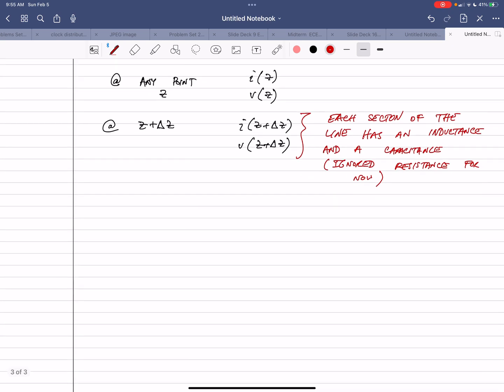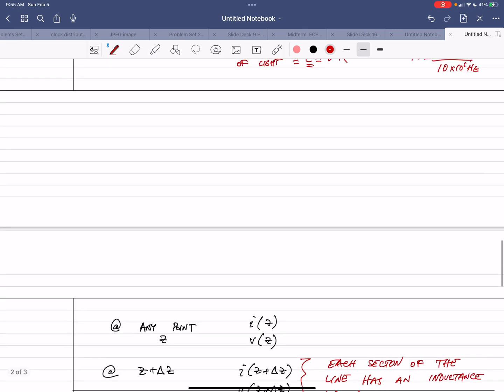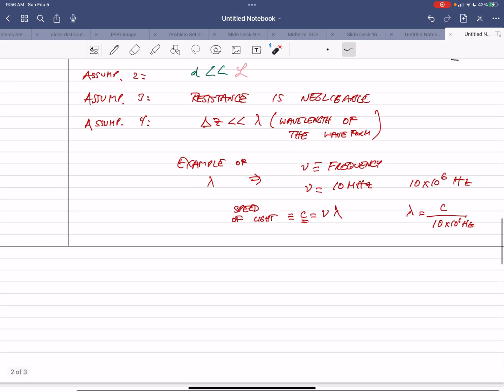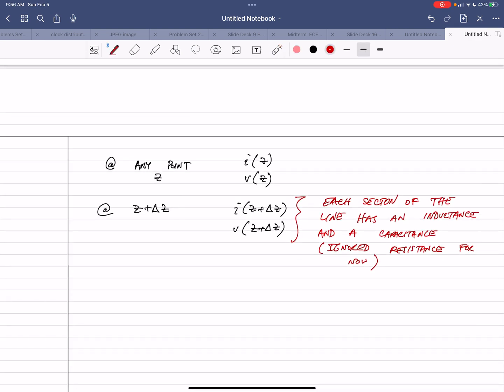Because each section has its own inductance and its own capacitance, and all of these inductances and capacitances are the same along the line because the separation between the lines stays constant and the thickness of the line stays constant, we can define something called inductance and capacitance per unit length.